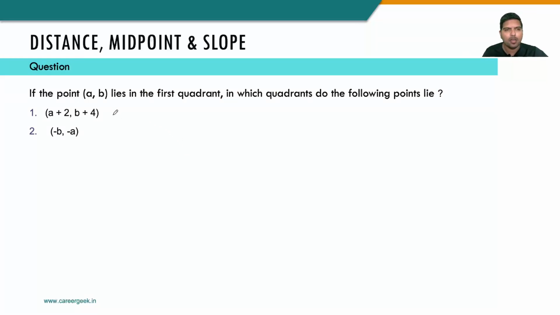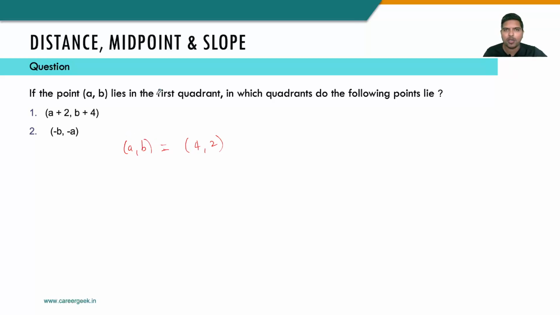Now, if a point A, B lies in first quadrant, in which quadrants do the following points lie? Okay. So one simple way is I can just take A comma B as anything, 4 comma 2, because it's in the first quadrant.